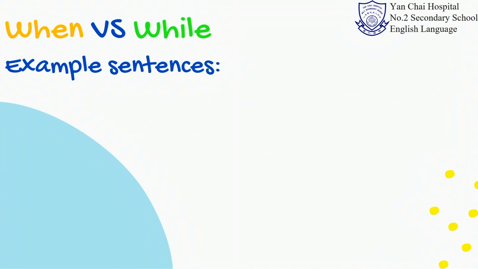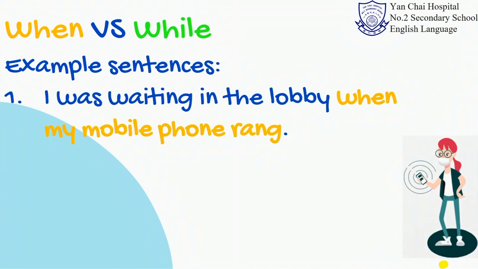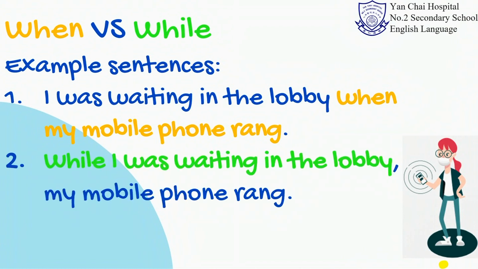Example sentences. Number 1. I was waiting in the lobby when my mobile phone rang. Number 2. While I was waiting in the lobby, my mobile phone rang.